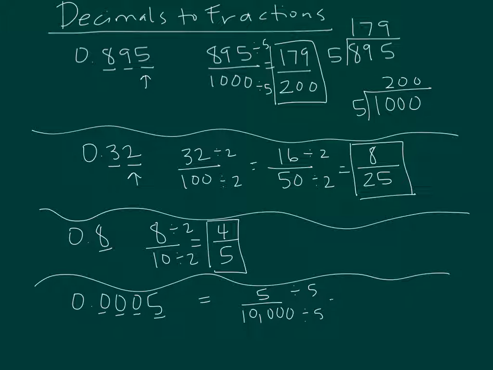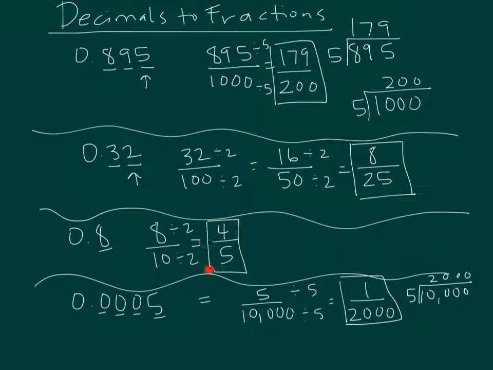They are both divisible by 5. And 10,000 is divisible by 5 2,000 times. That makes it 1 over 2,000, which means that 0.0005 is equal to 1/2000th.